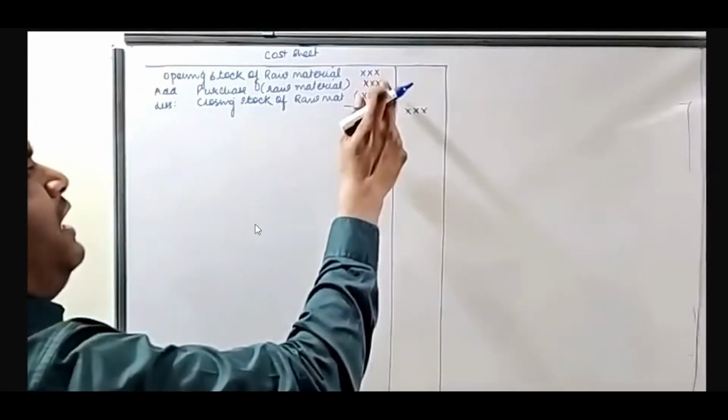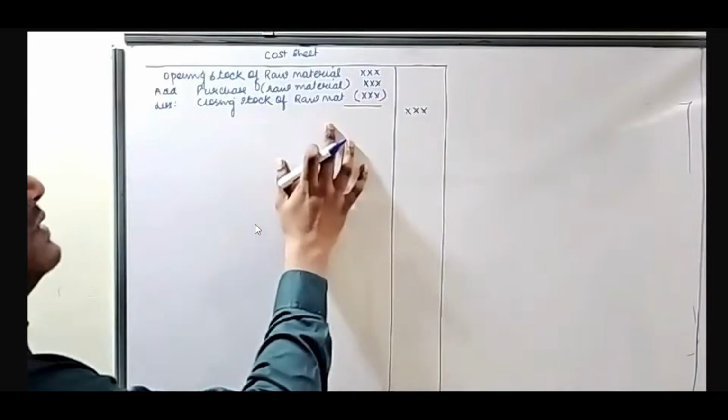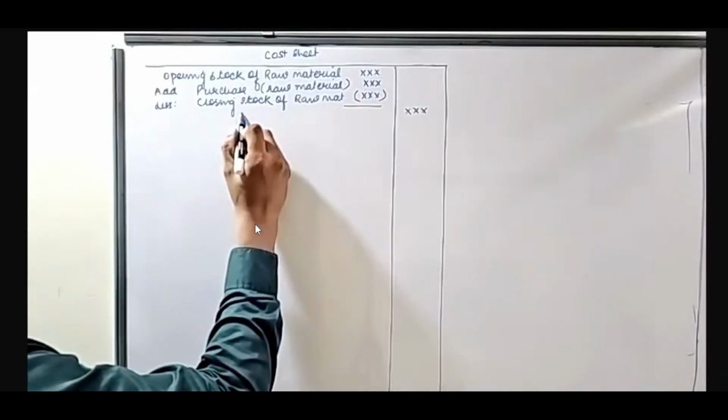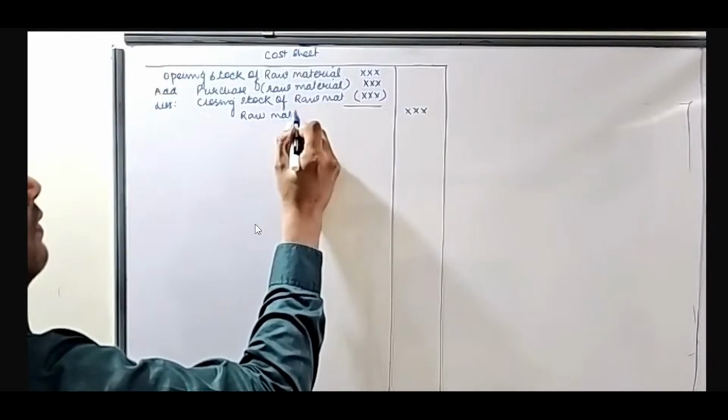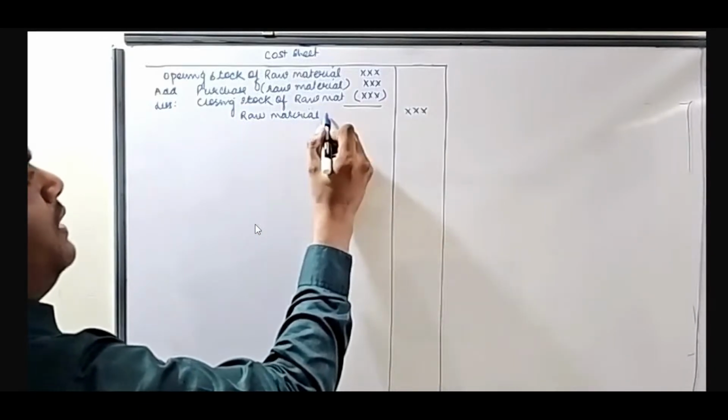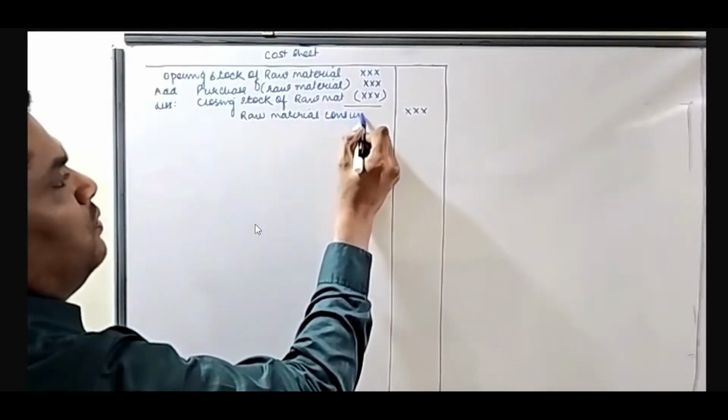Opening stock, add purchases of raw material, less closing stock of raw material, we will get raw material consumed.